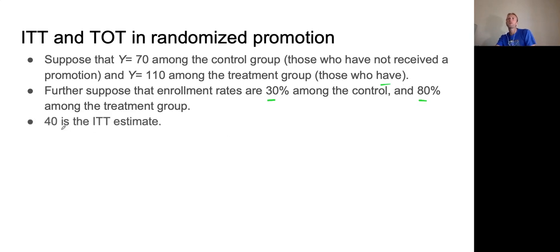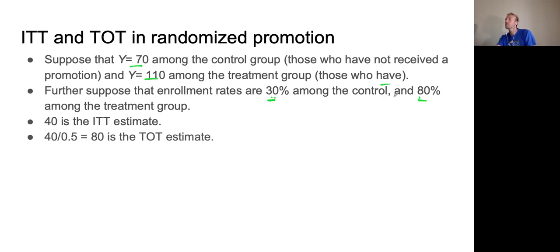All right, so then overall, if I take all of the control group, and it's 70, whatever the outcome is, and everybody in the treatment group, it's 110. So what's the difference between the two? 40. So the promotion strategy that I ran gave me 40 extra, whatever. How do I find the treatment on the treated? Well, if you look at this, how many people were changed, right?